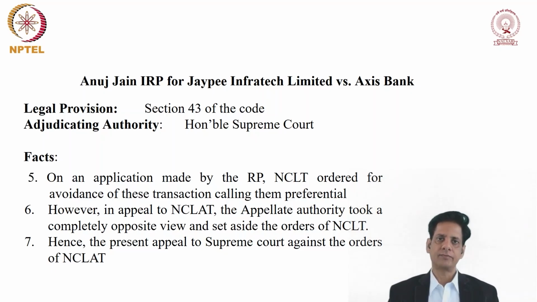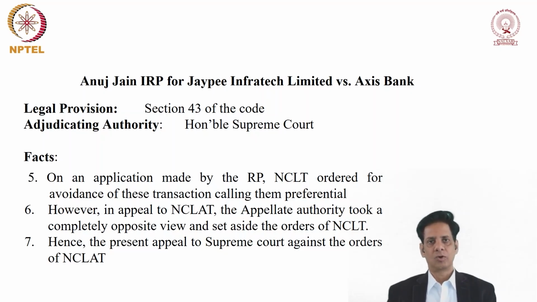NCLAT actually favored the creditors and said there is no preferential transaction and had completely taken the opposite view of what NCLT had taken. Now, see, if you are looking practically, this will make you nervous as a lawyer or an advocate or a corporate professional.